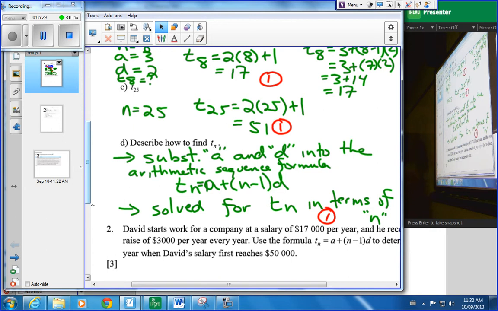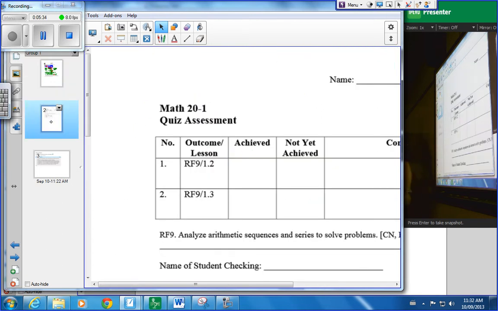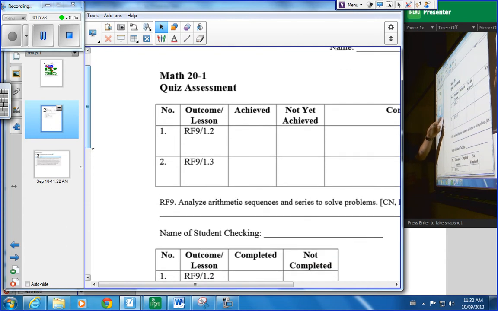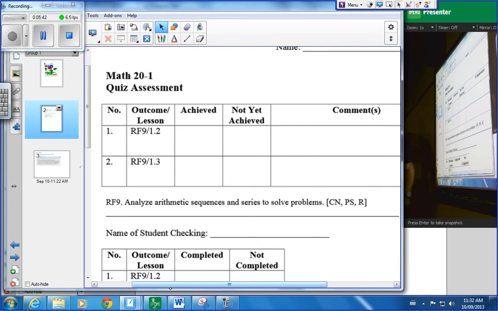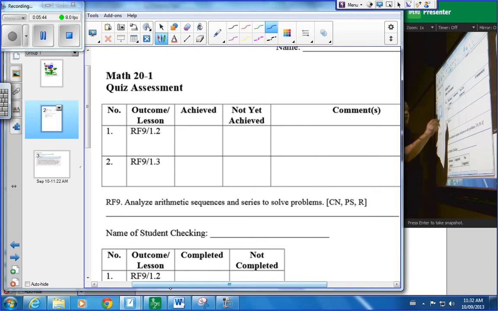If you look at the back page of your quiz, it looks like this. And what it says is, this is just a recap for yourself. Question 1 on relations and functions. That's the topic we're on right now, is relations and functions.